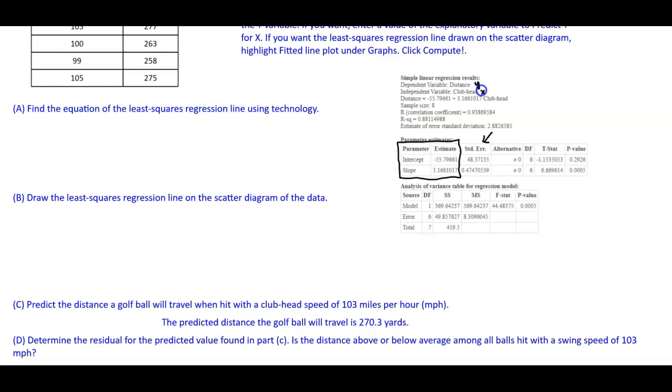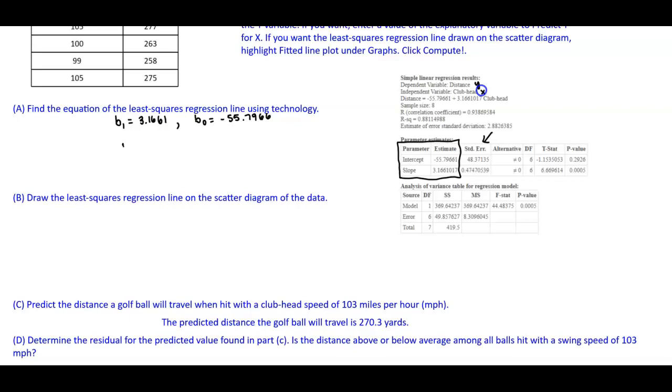So StatCrunch is telling us that the slope is 3.1661. We're rounding that to 4 decimal places, as we said earlier. And then the y-intercept is going to be negative 55.7966. So that's telling us what the slope and the y-intercept are.